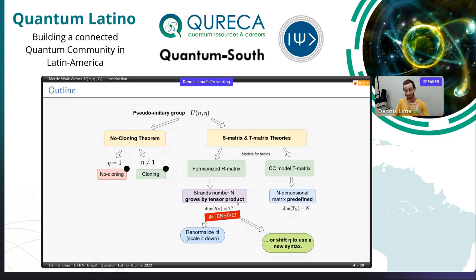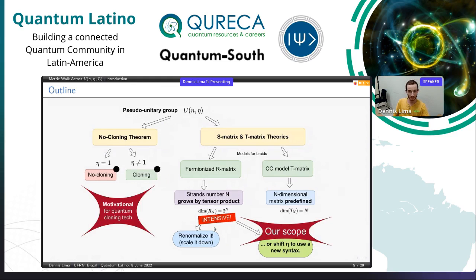And so it becomes a very intensive process to calculate this. To handle this, we use randomization techniques to be able to rescale our circuits to circuits with a fewer number of inputs and outputs. Or we can shift the eta metric, choose a new syntax, as is my proposal.